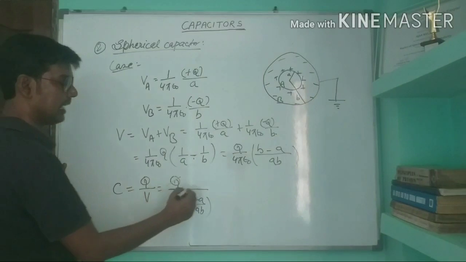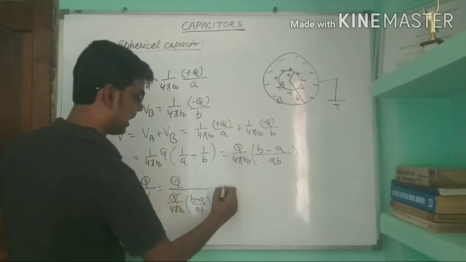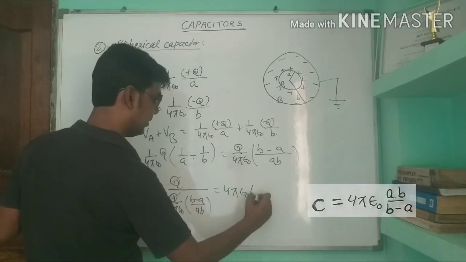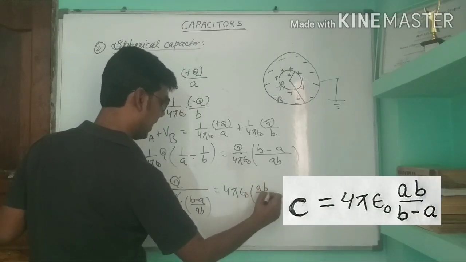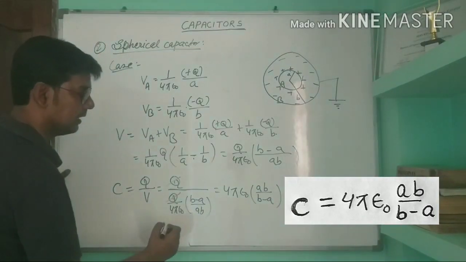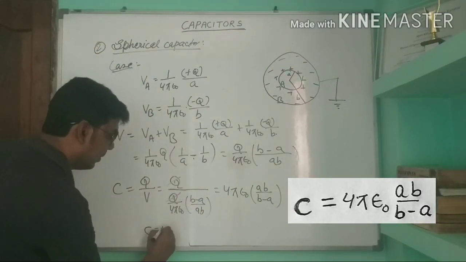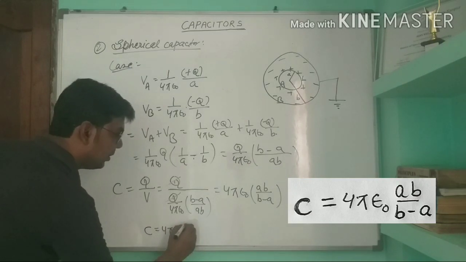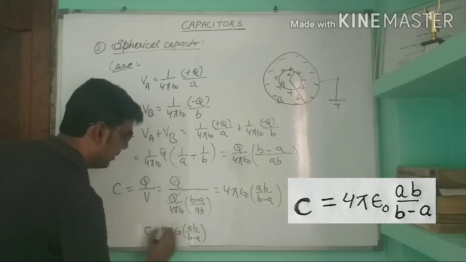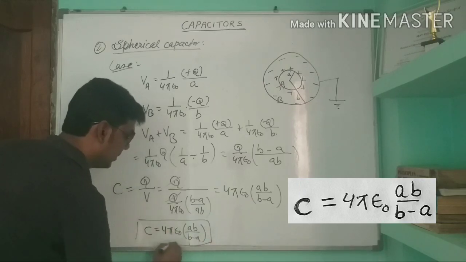So q will be cancelled. So finally C equals 4 pi epsilon 0 AB by B minus A. Okay, this is the capacitance.